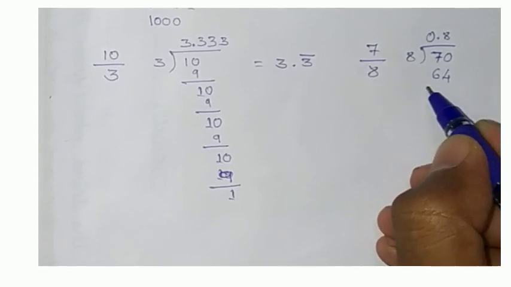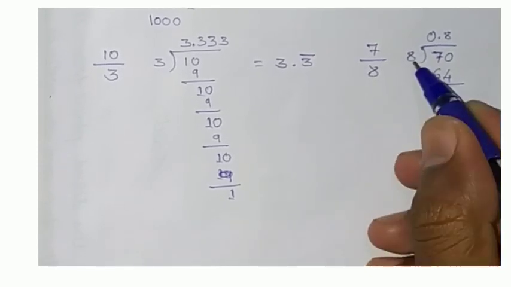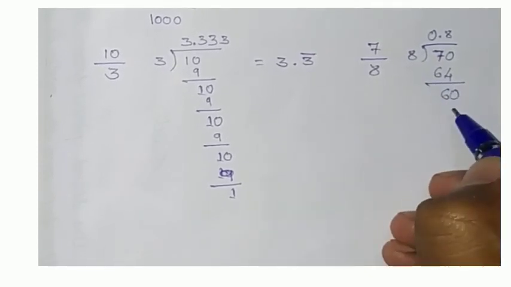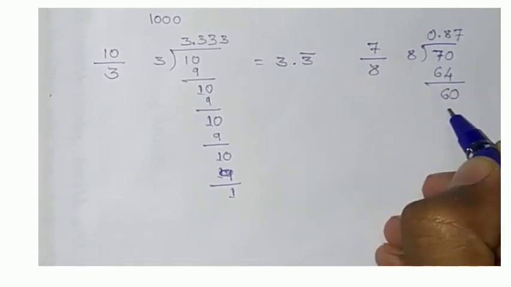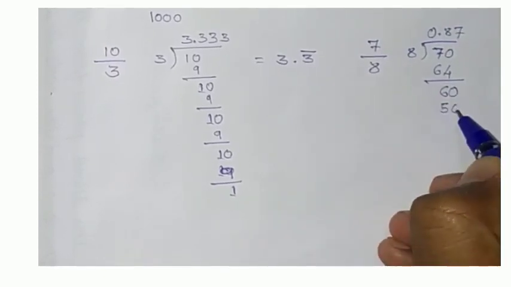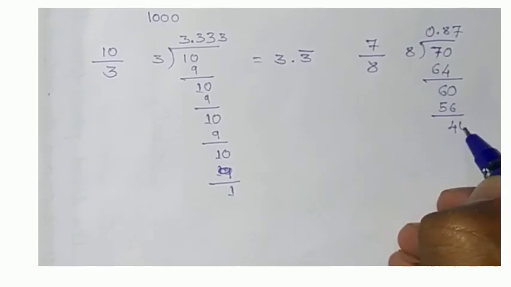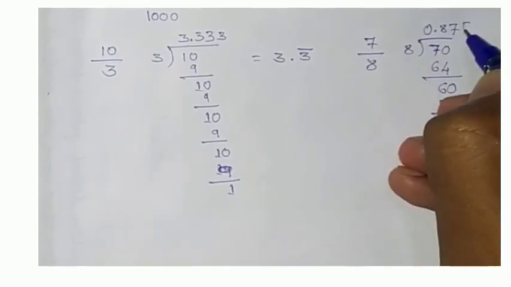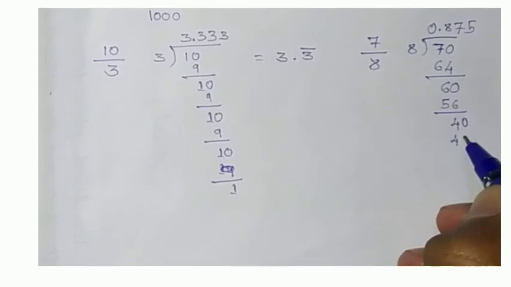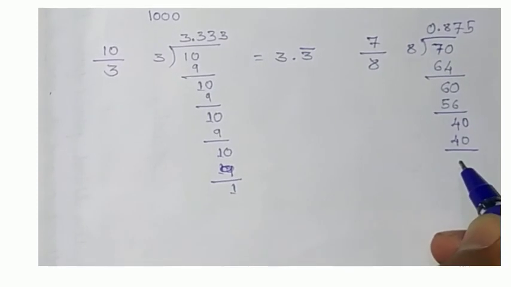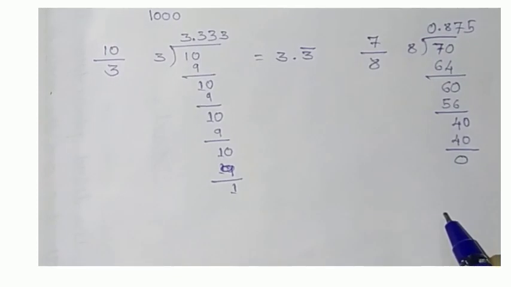Remaining is 6. Again take the 0. 8 sevens are 56. Remainder is 4. Again take the 0. 8 fives are 40. So here lastly we got 0 remainder.